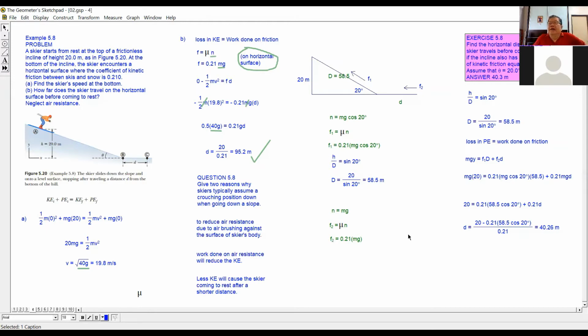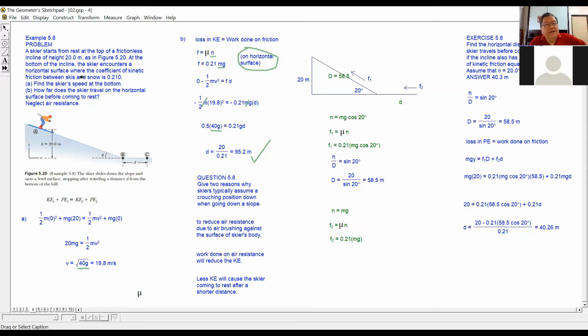In this second question, exercise 5.8 and example 5.8 have the same skier, so they have the same initial velocity and the same height above the ground.